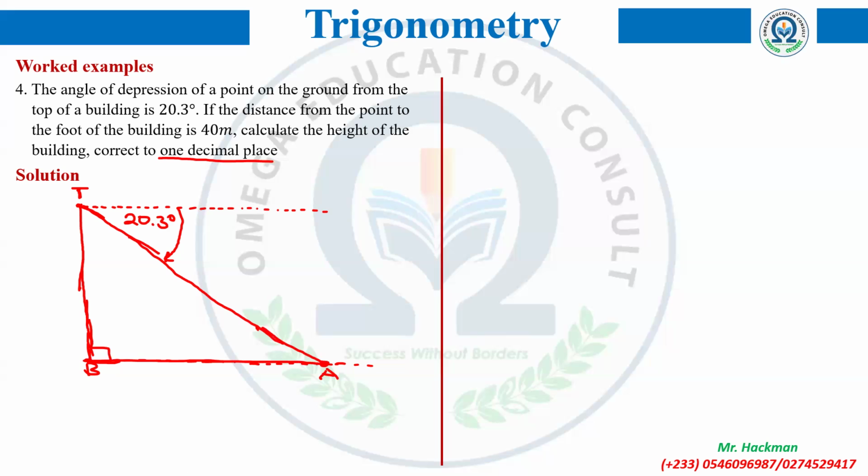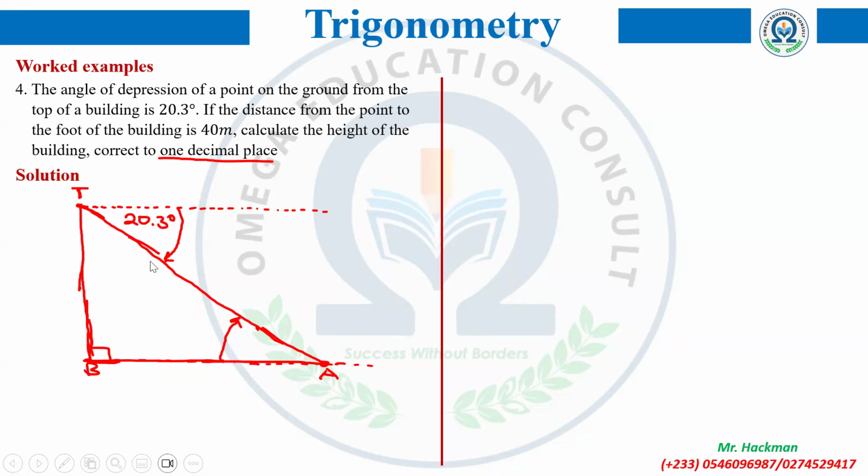And I told you in our last meeting that anytime you are sighting an object down, meaning you need to move through a certain angle to sight the object, then if you are where the object is and you want to sight the person who is up, you should also turn a certain angle. So if you are here and you are sighting the top of the building, you are supposed to turn a certain angle up, because this will be your original horizontal line, your line of sight.